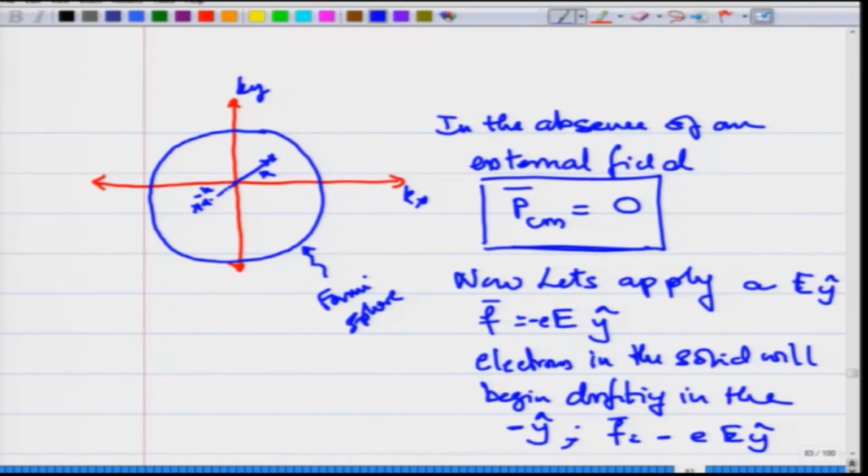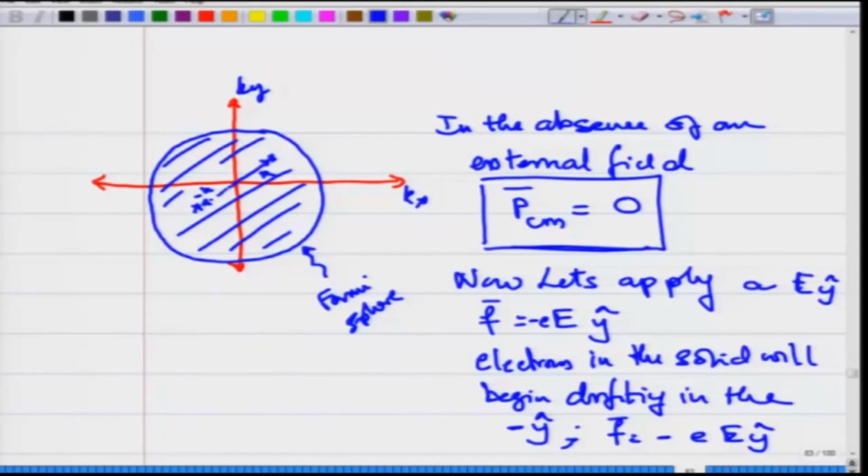So, now electrons start drifting in the minus y direction, and as a result the center of mass momentum now starts shifting down, because there is a net flow of electrons in the y direction. But which electrons start moving in the y direction?